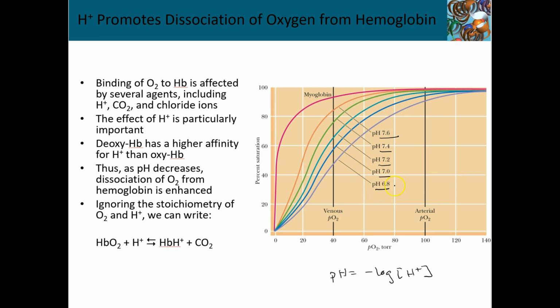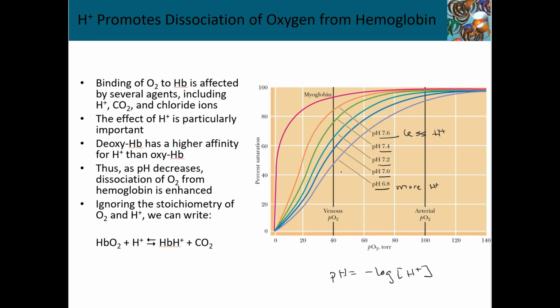Here we have more protons, here we have less protons. You can see that the hemoglobin is giving up its oxygen more readily at higher concentrations of protons and holding on to the oxygen more readily at a lower concentration of protons.